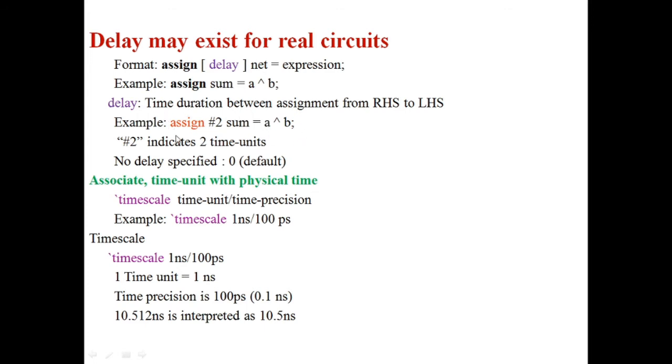But in the delayed one, the sum will display the evaluated value of the a exclusive or b expression after 2 time units. This hash 2 indicates 2 time units, because instead of saying 2 seconds or 2 nanoseconds, it is always advisable to use time units. If no delay is specified, it defaults to no delay, that means as soon as inputs are given, the output is evaluated.